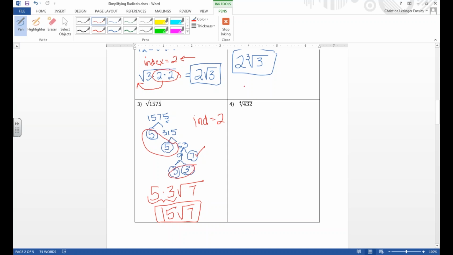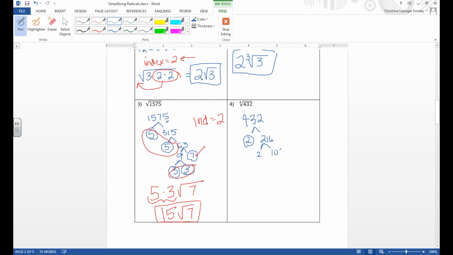Okay, another one. I just want to go through as many examples here with you as possible so you can see how these work. This time, our radicand is 432. Again, if you're not sure of the factors of that value, grab your calculator. Since it's an even number, we know it's divisible by 2. It turns out that it's 2 times 216. 216, we can split again.